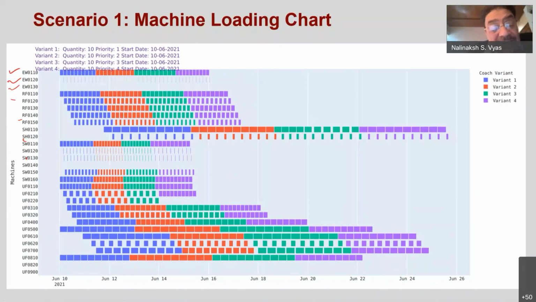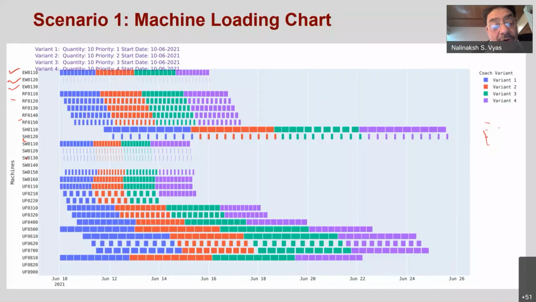Now, if there is a problem with one of the machines, that real-time information would come from the real-time monitoring system. So this ideal schedule is continuously in interaction with the real-time monitoring of what exactly is happening to the machine.